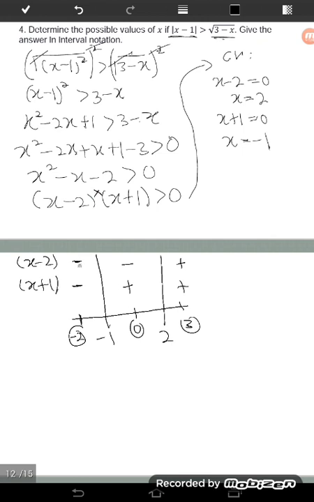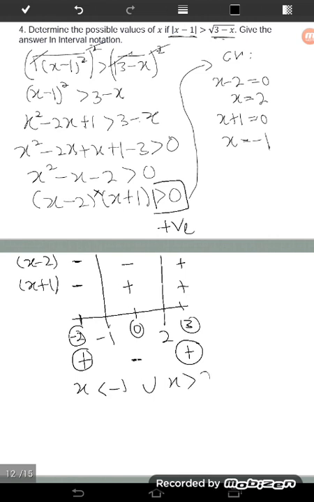Okay, so negative times by negative is positive, negative times by positive, negative, positive times positive is positive. Okay, so we need greater than 0, which is positive. Okay, so therefore we circle the positive side. So left side of negative 1 and right side of 2. Okay, so the answer is x less than negative 1 union x greater than 2.